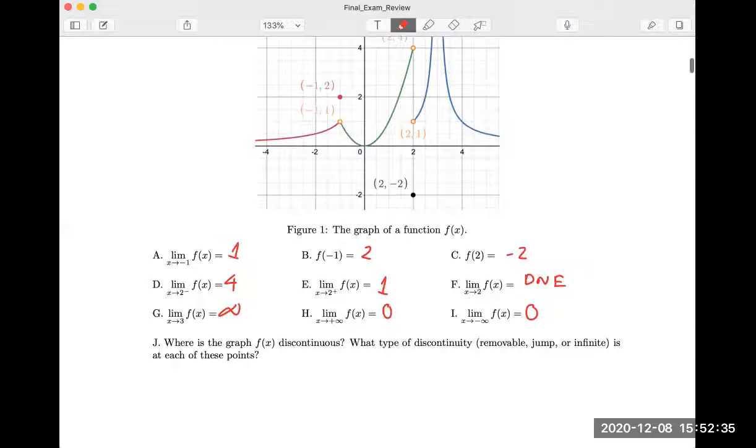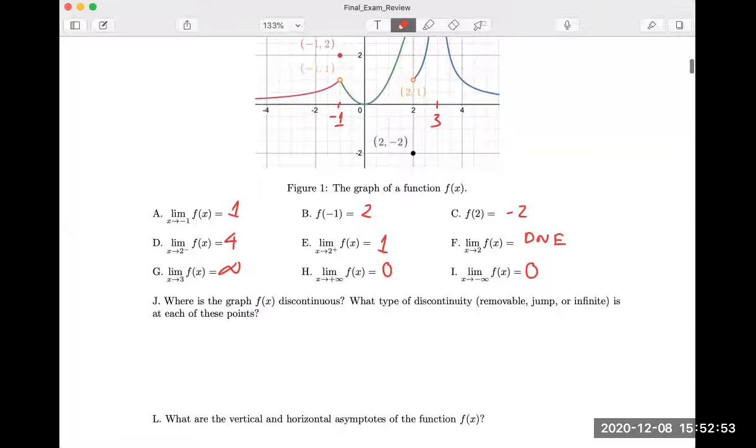So we see that there are 3 points where the graph is not continuous. The first one is at -1. The second one is at 2. The third one is at 3.